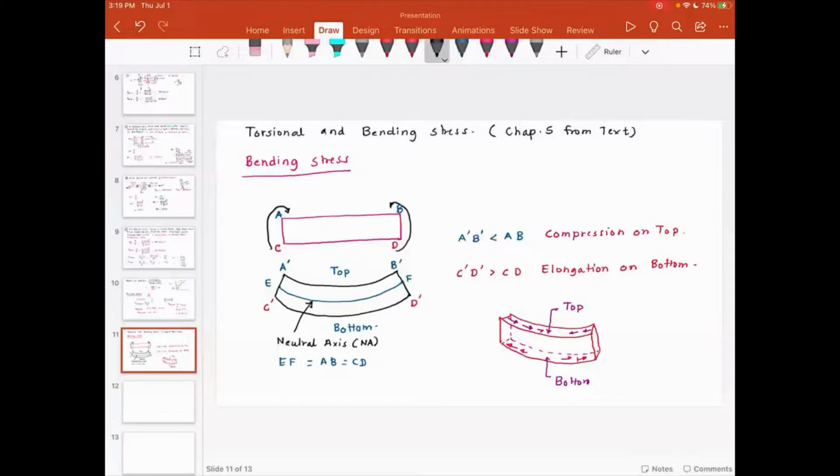So this is called the neutral axis because this does not deform. And if you were to show the neutral axis here, this becomes sort of a plane.